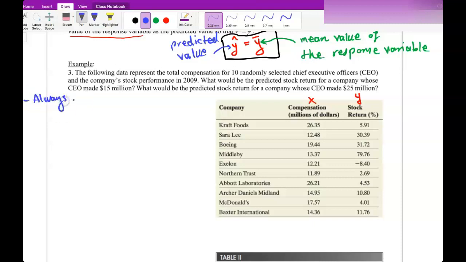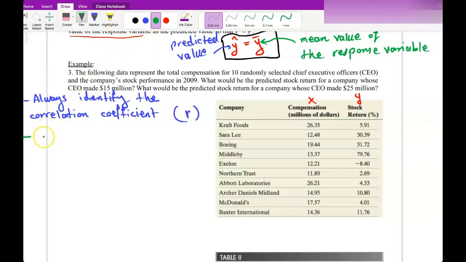So always identify the correlation coefficient, R. Then determine if the linear relation exists.